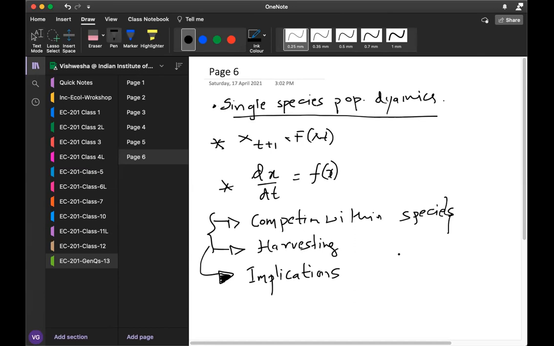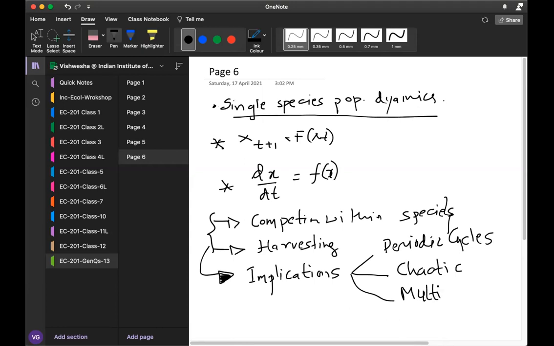For example, think of the idea of periodic cycles that are entirely intrinsic. Chaotic behavior that's entirely intrinsically driven in deterministic systems, or the idea that there are multiple stable states. And these sort of implications are difficult to arrive at in the absence of mathematical models.